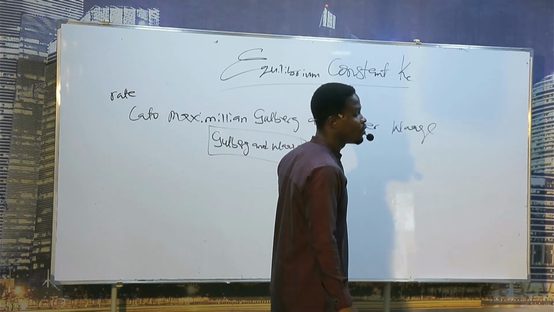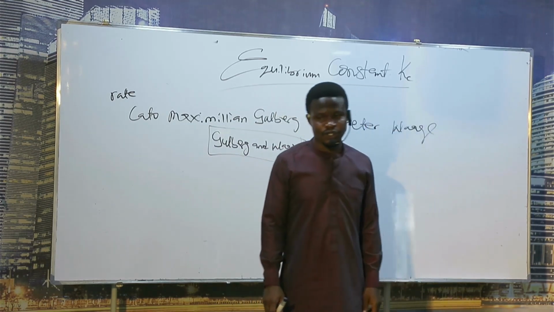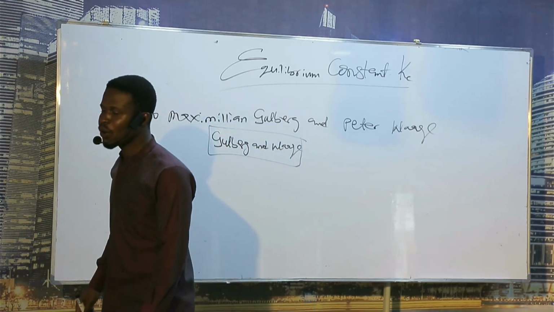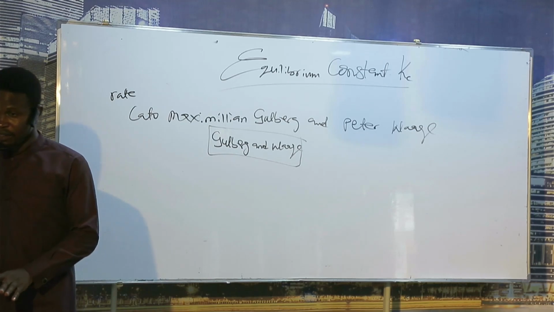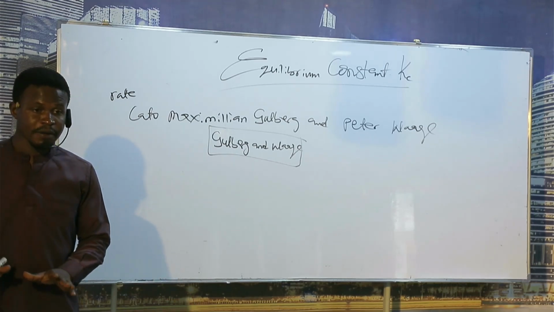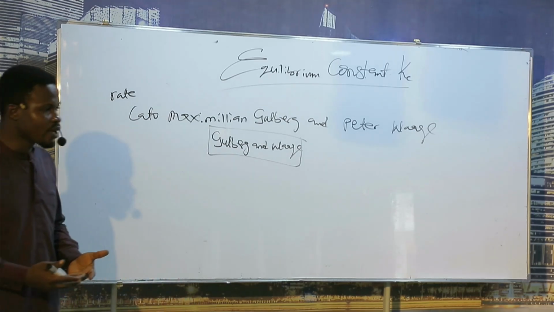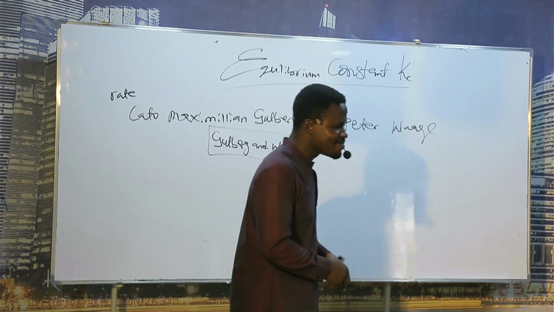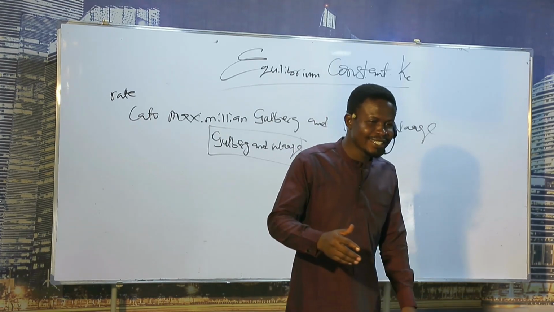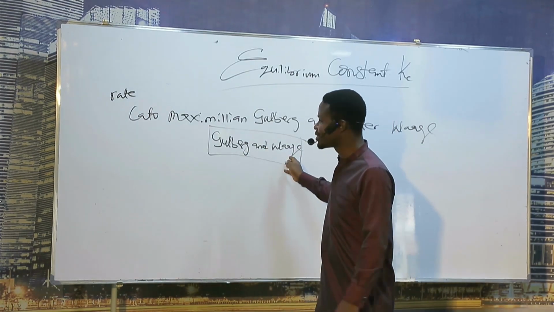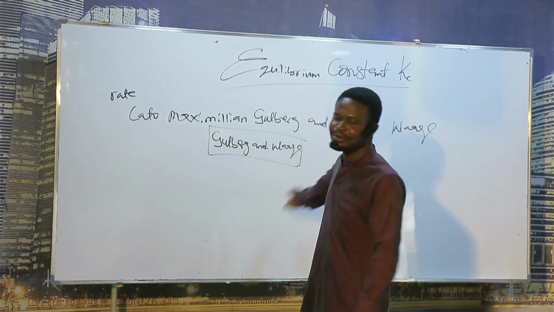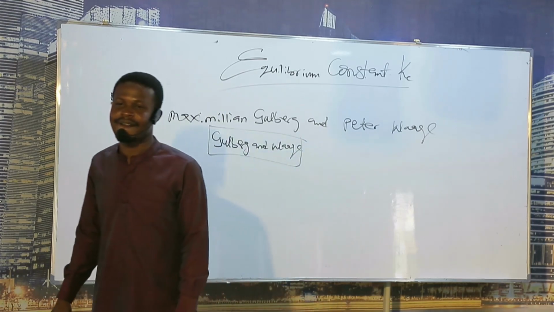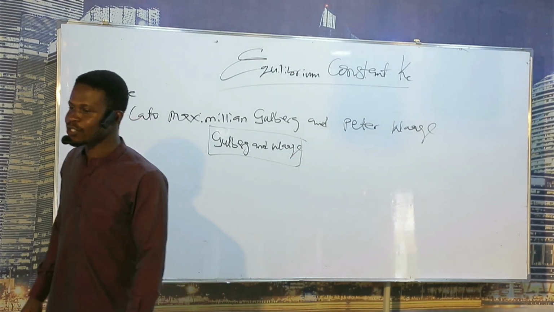We call it the law of mass action. We say that this equilibrium law is based on the law of mass action. Just call it the law of Guldberg and Waage. What is the law of mass action? What does it state?